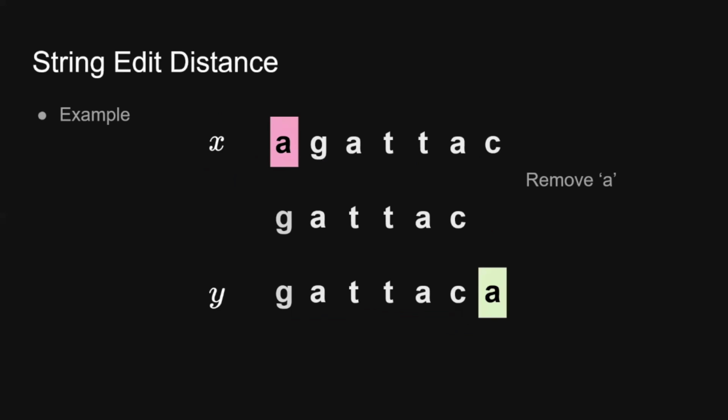And those are the only steps that you would need to convert from X to Y. You just need to remove A and then insert A at the end. So in the sense of string edit distance, the distance between the 2 strings is only 2, because you would only need 2 steps of modification to convert a string X to a string Y.